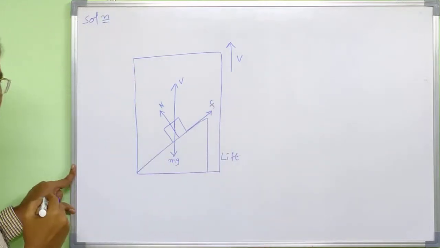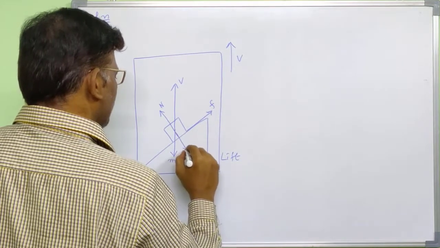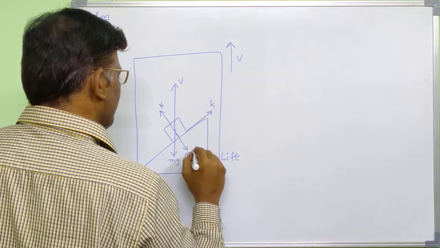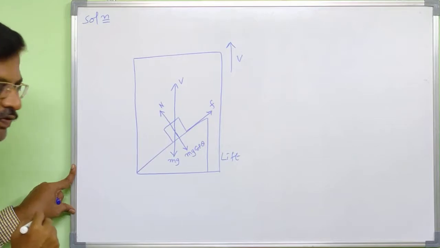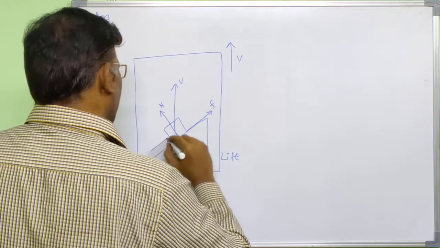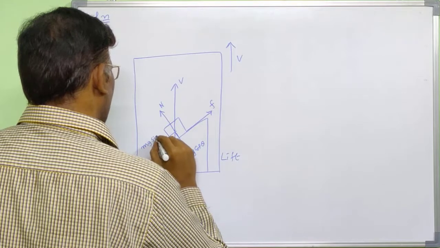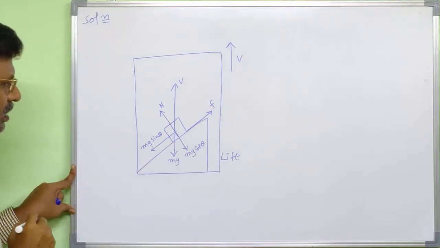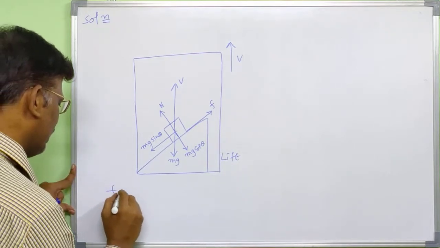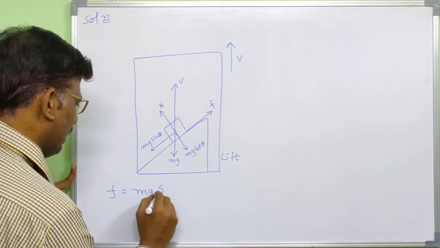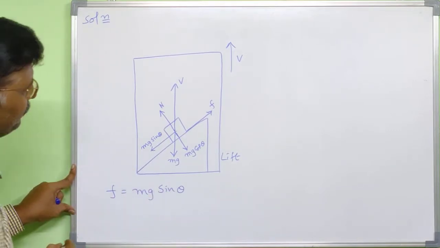So mg can be resolved into components: mg cos theta in the direction of normal reaction, and perpendicular to normal reaction, mg sin theta. In the diagram, f is equal to mg sin theta.